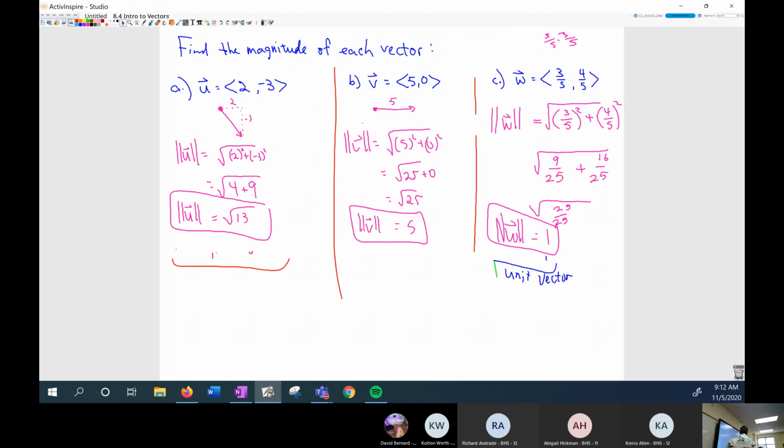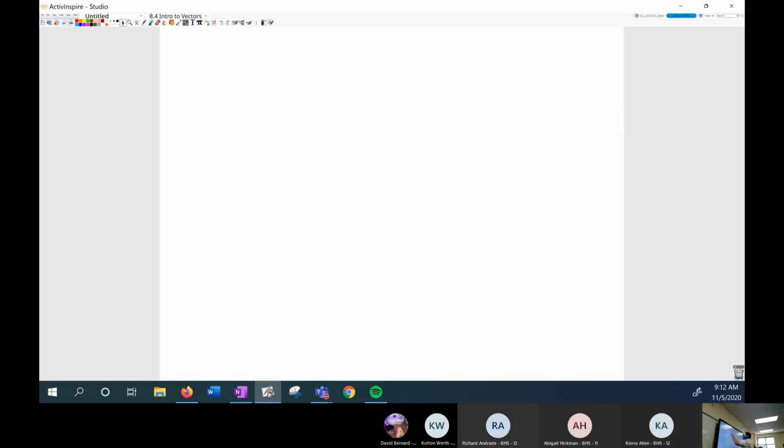Some of the things that I want to highlight here is that I saw in some of the ones that I looked over from your submissions yesterday, you need to try to simplify a radical. If you have something like, I'll use one that was in the assignment, square root of 50.